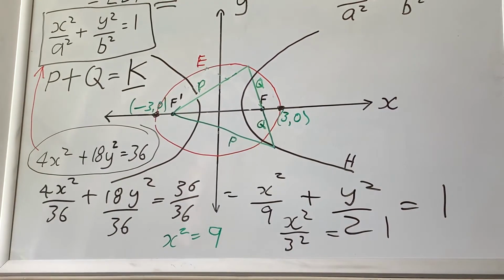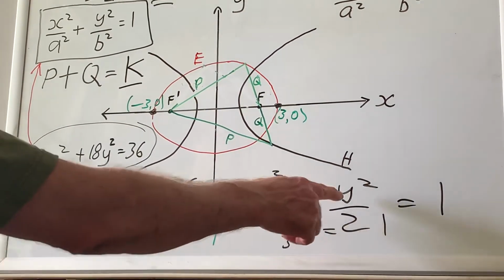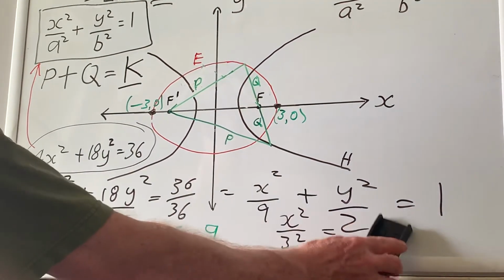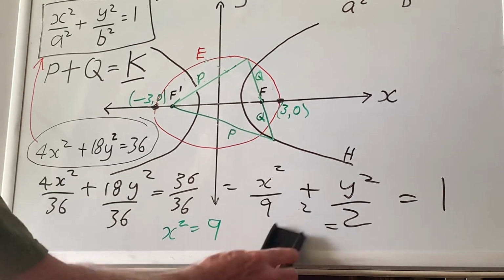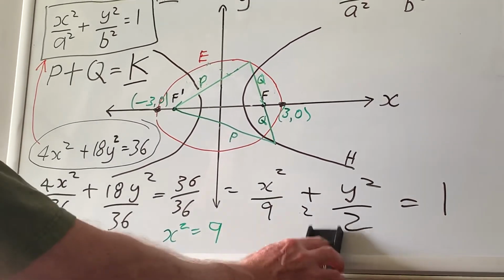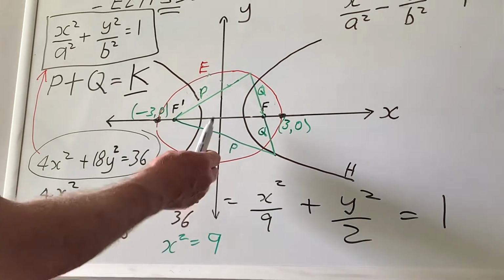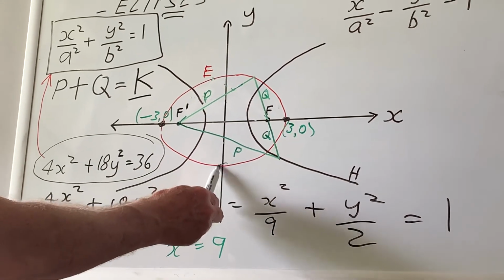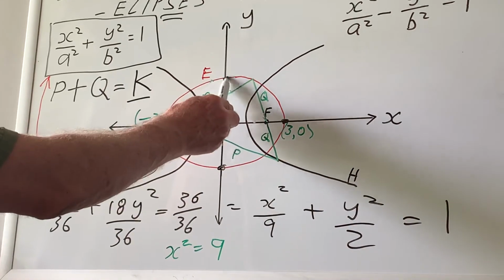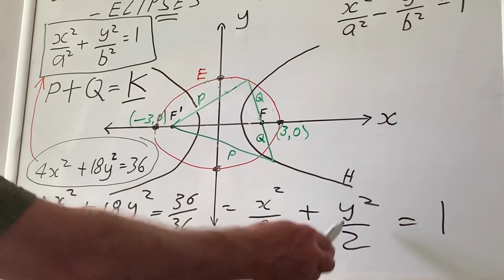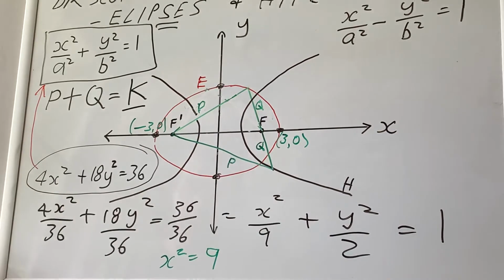So 3, 0 is one point on the ellipse, and minus 3, 0 is the other one. You can do the same letting x equal 0, because when x equals 0, we're either here or here. So when x equals 0, y squared on 2 equals 1.